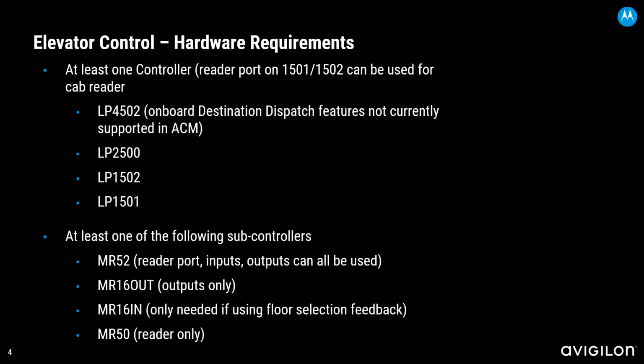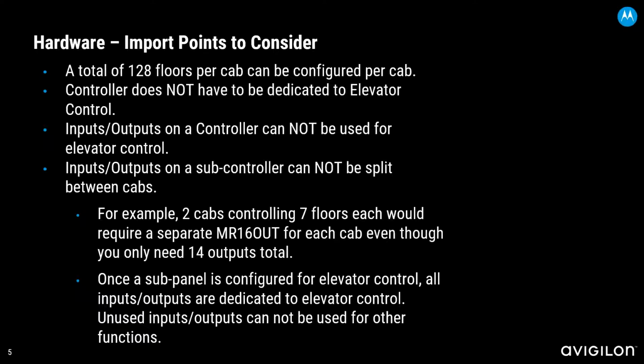We'll talk a little bit more about the MR52, which is a great solution if you're looking to control 6 floors or less. It's kind of an all-in-one solution. It's got the inputs, it's got the outputs, it's got the card reader port. It's kind of got everything you need. So we'll talk about that a little bit more.